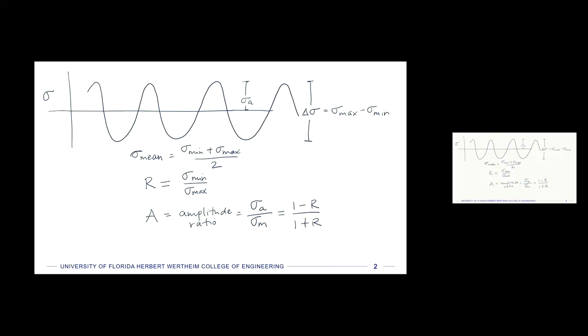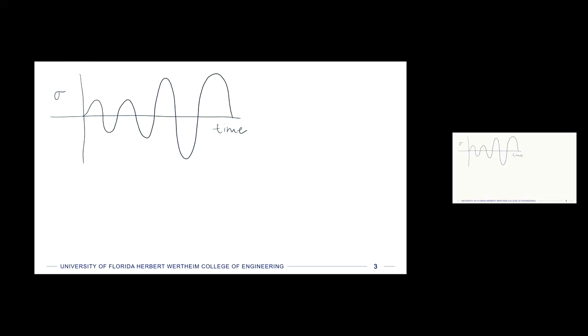We can also think about curves that might be experienced by machinery that have a 0 mean stress, but not a constant amplitude. Stress, and this is time. I forgot to write that on the other one. So we could have something like this, with increasing amplitude but the same mean stress.